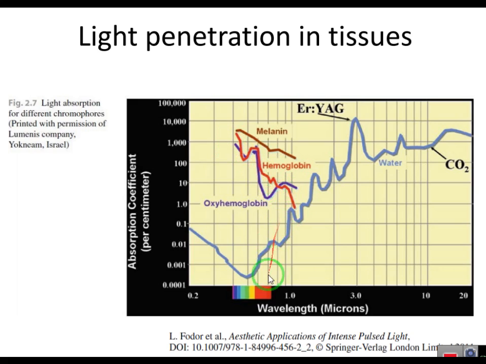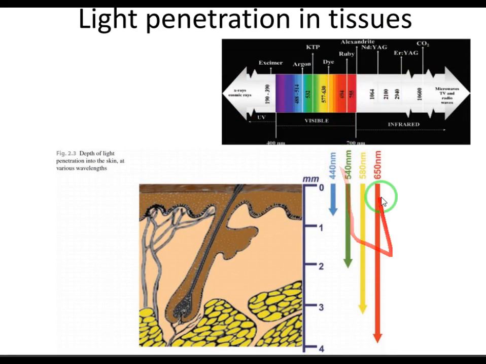How about in this region, for the longer wavelengths? The absorption coefficient is smaller compared to the blue light, and this will lead to higher penetration depth for the red light and shorter penetration depth for the blue light.